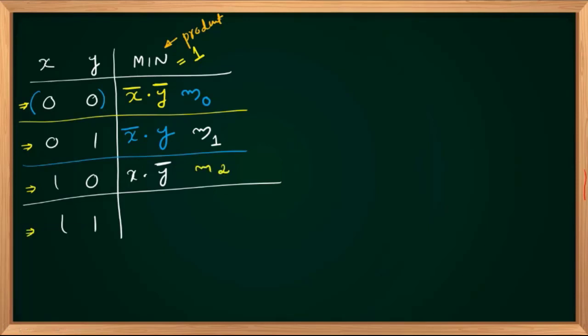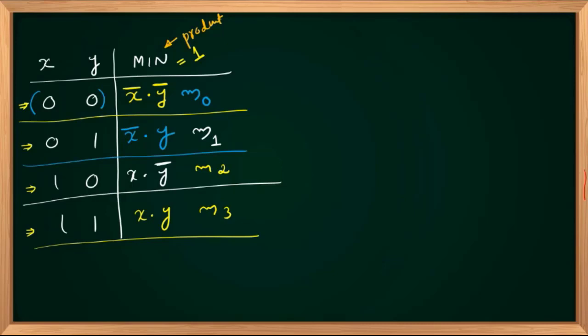M2. And of course, the last combination product should be equal to 1. Both x and y are 1. So x dot y will be enough to make a product equal to 1. Both x and y are equal to 1. And the decimal equivalent is 3. So that is nothing but M3. Right. So look at the table. For a two variable system, maximum possible combinations are 4.